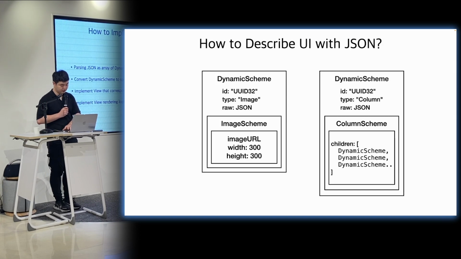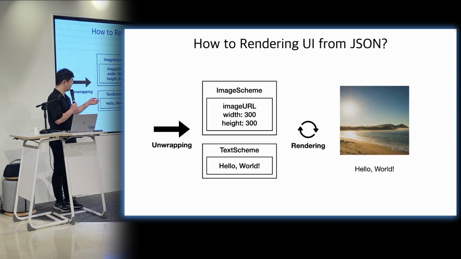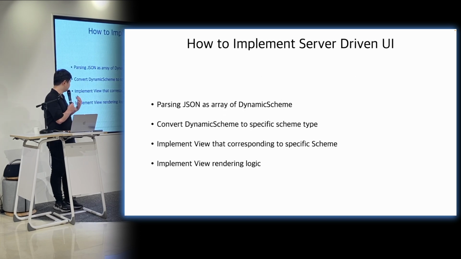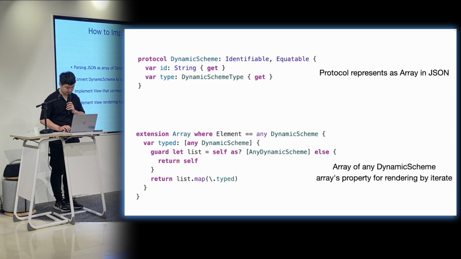I just show the image and text, but you have to implement the UI view for that image and text. And finally, you have to implement the view rendering logic. So in today's talk, I will show these phases step by step with an example project.